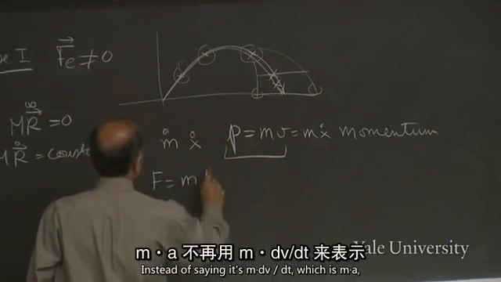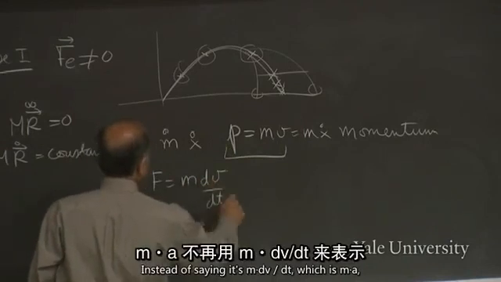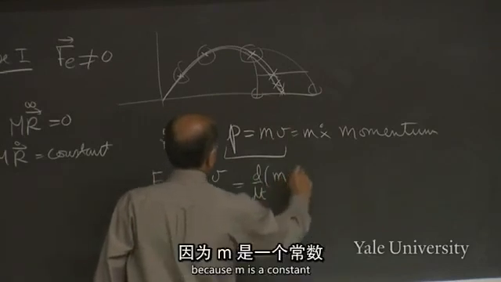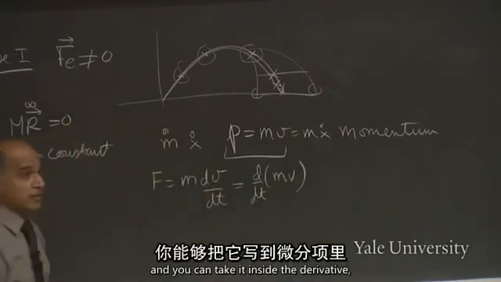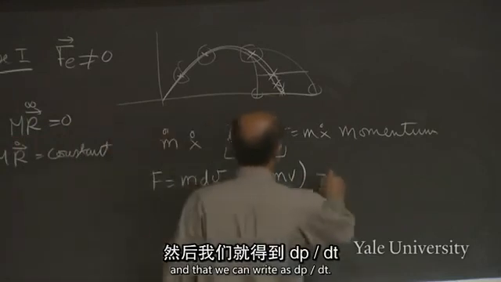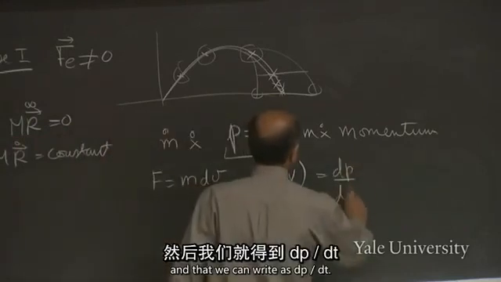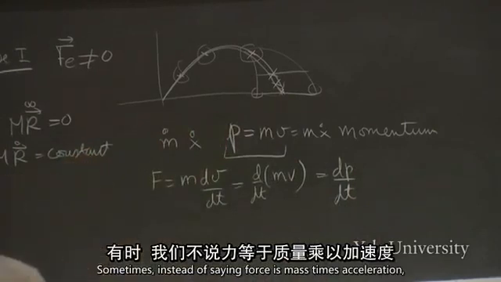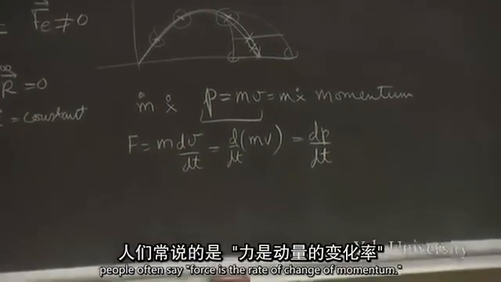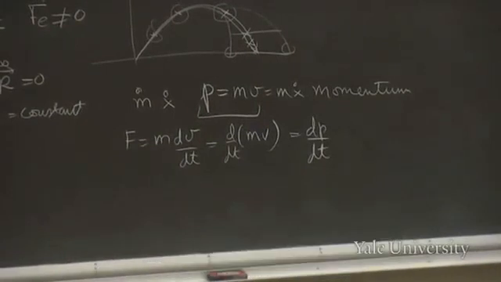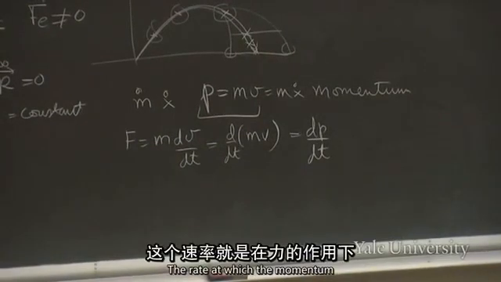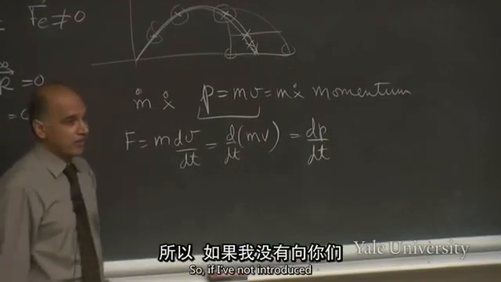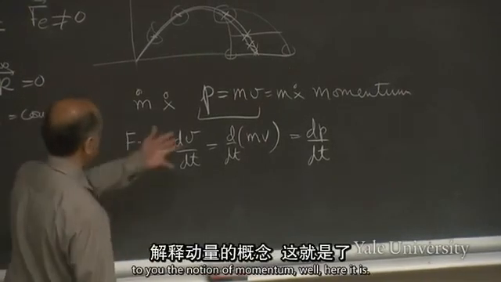Instead of saying it's m dv/dt, which is ma, you can also write it as d/dt of mv, because m is a constant, you can take it inside the derivative. And that we can write as dp/dt. Sometimes, instead of saying force is mass times acceleration, people often say force is the rate of change of momentum. The rate at which the momentum of a body is changing is the applied force. So if I have not introduced you the notion of momentum, well, here it is.